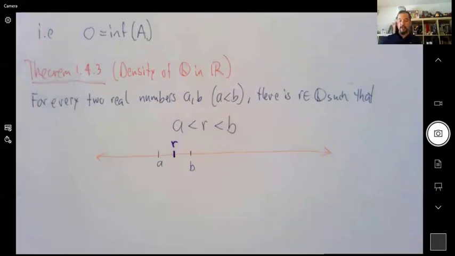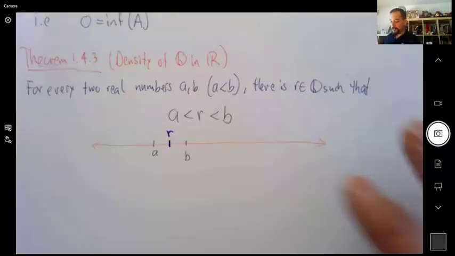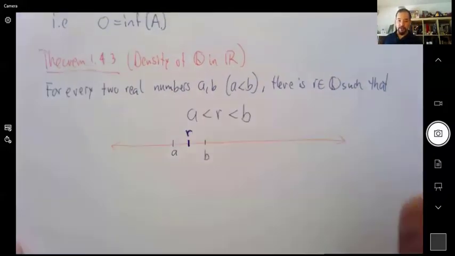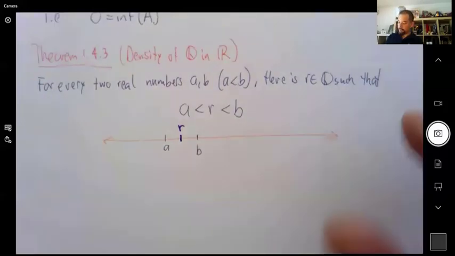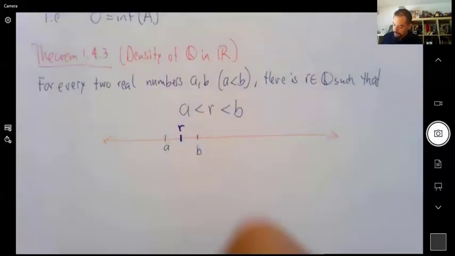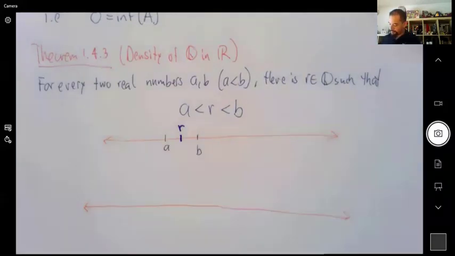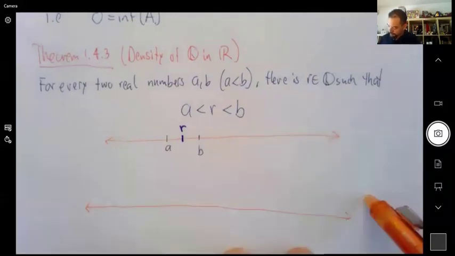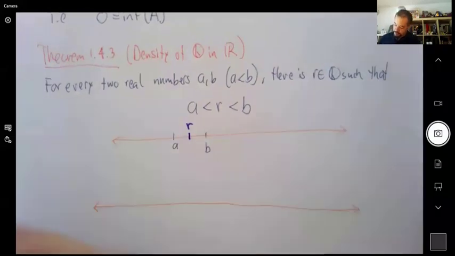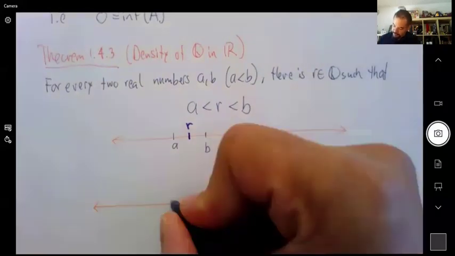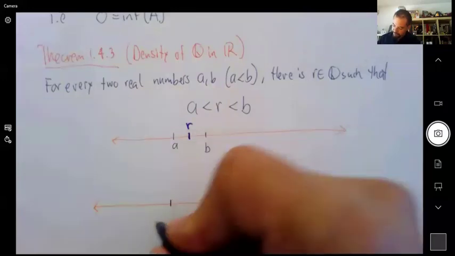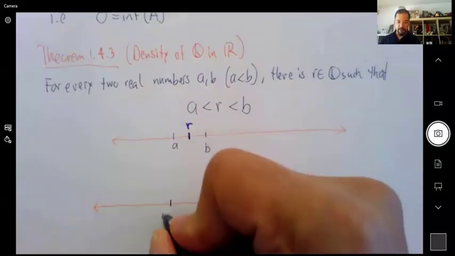Let's think about this. How would you do it in general? In particular, if I were to give you these two real numbers, some number over here is, let's try pi, right?